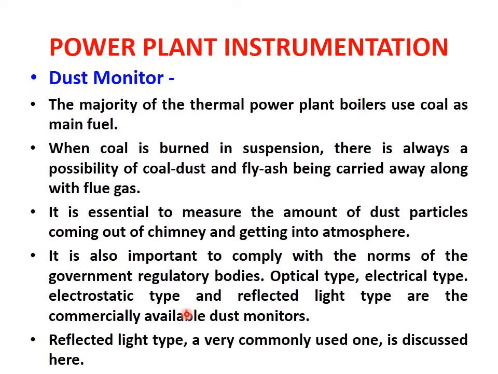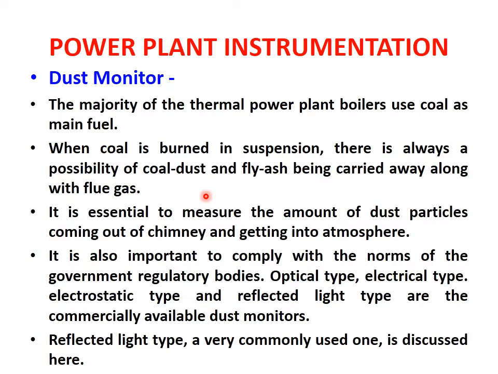Now see, while measuring the smoke, there is another type of impurity which we can call dust, and we can measure the quantity of dust coming from the engine. If coal is burnt in large quantity in suspension, there are various ways in which the coal is converted into fly ash or coal dust.